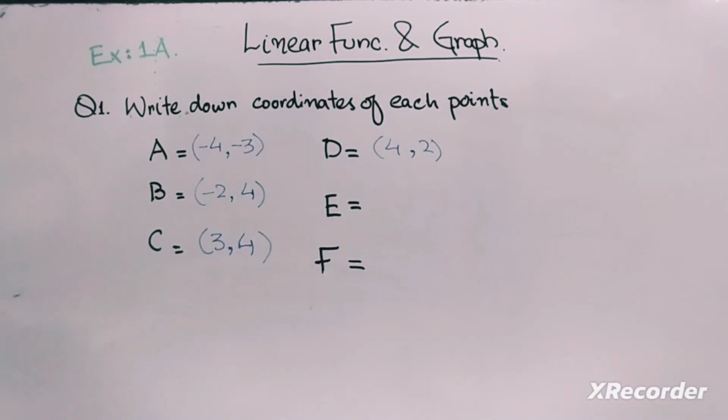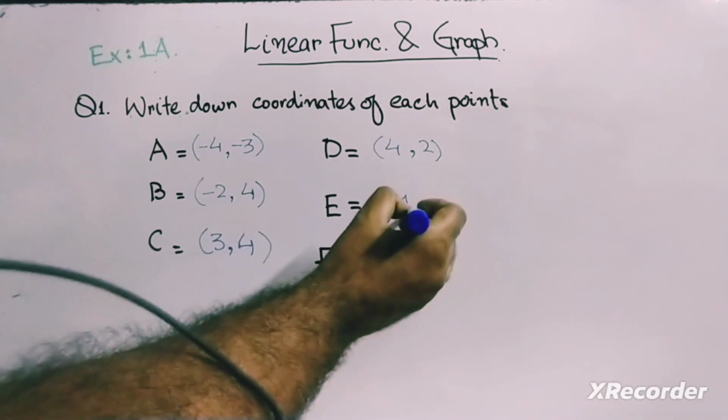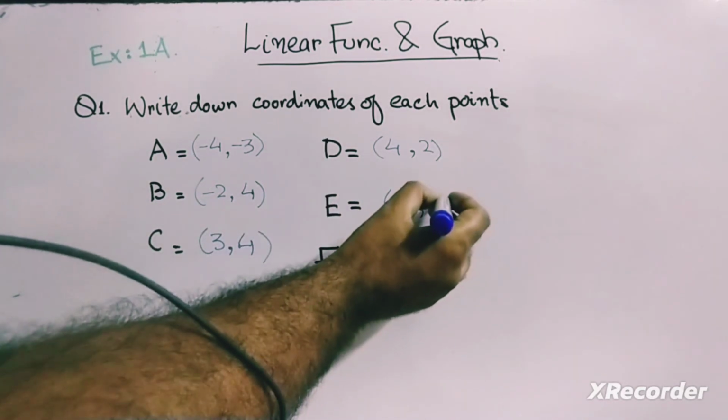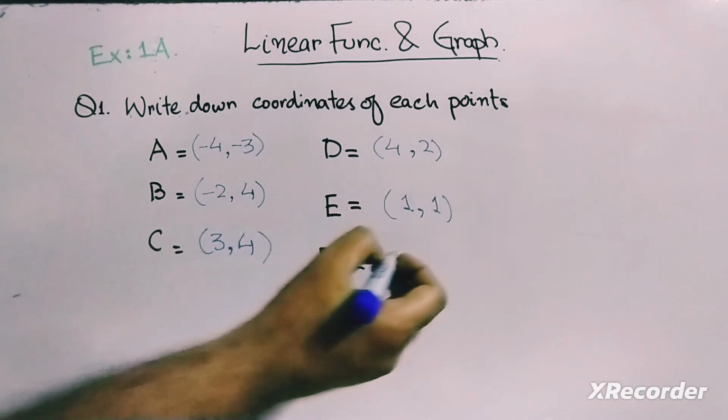For E, the x-coordinate is 1 and the y-coordinate is also 1. Now for point F, the x-coordinate is +3 and the y-coordinate is -3.